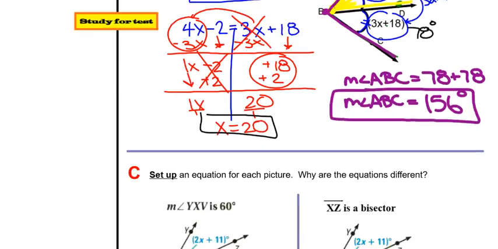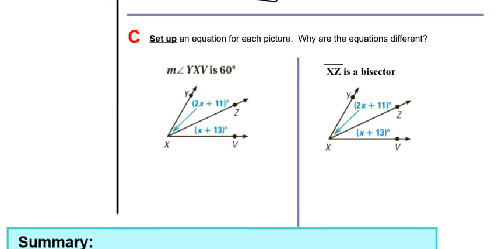Then let's jump down and look at the last two questions that we have. For these two questions, notice that we only need to set up an equation for each picture. Why are the equations different? So here we have that measure of YXV is 60 degrees. Look at Y to X to V. That guy is 60.